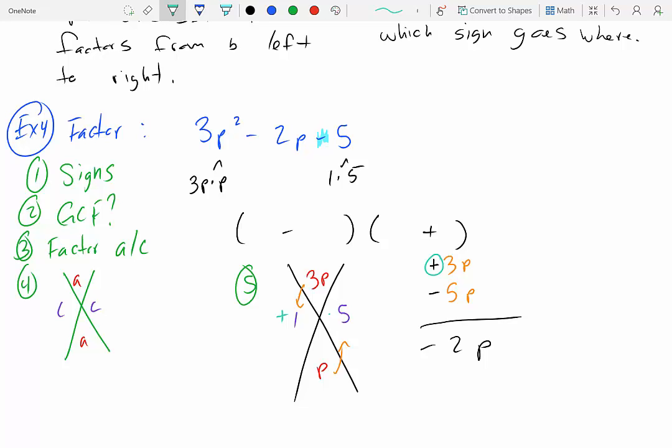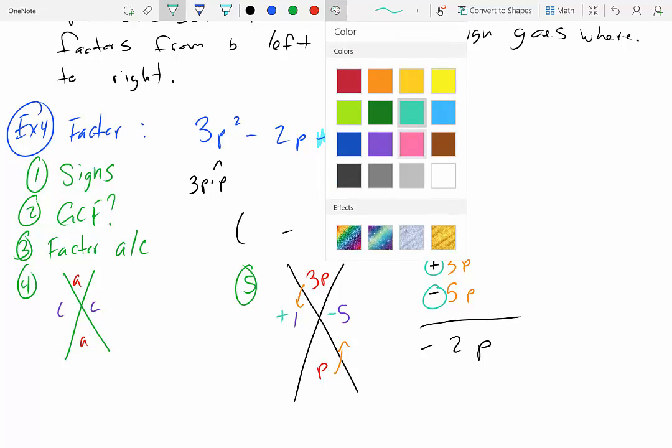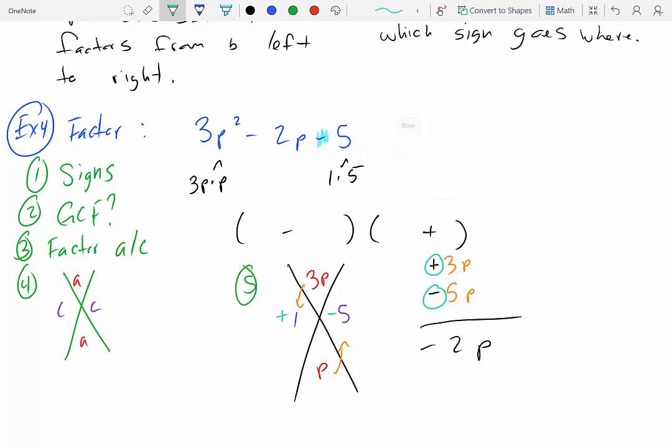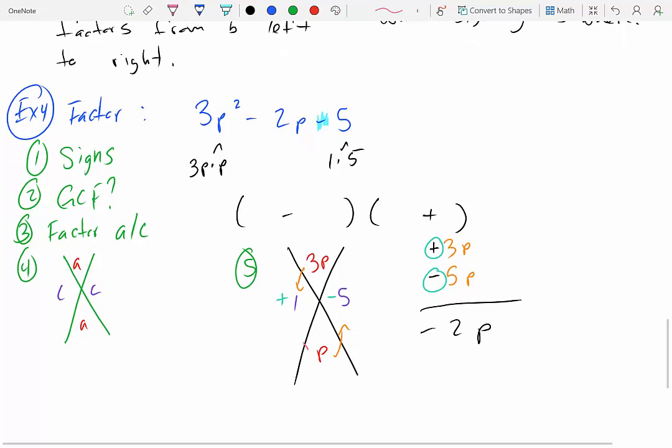So the 5 must be negative. The factors are in whichever way we didn't go, the opposite way of our arrows, which I draw as little dashes. So we have 3p minus 5, and p plus 1. And that's our answer.